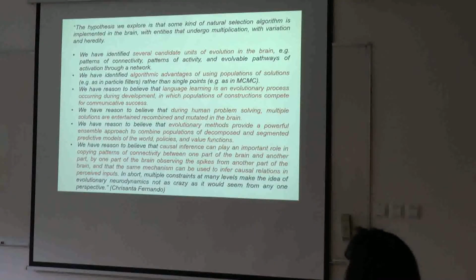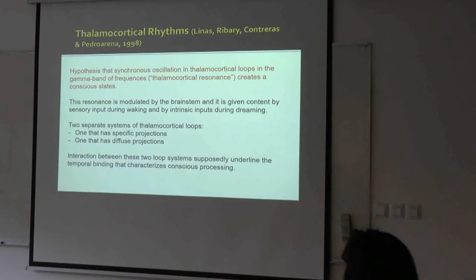Okay, so I go more swiftly. Let me go on with just showing you slides from different theories. Thalamocortical rhythms: the hypothesis that synchronous oscillation in thalamocortical loops in the gamma band of frequency creates conscious states.